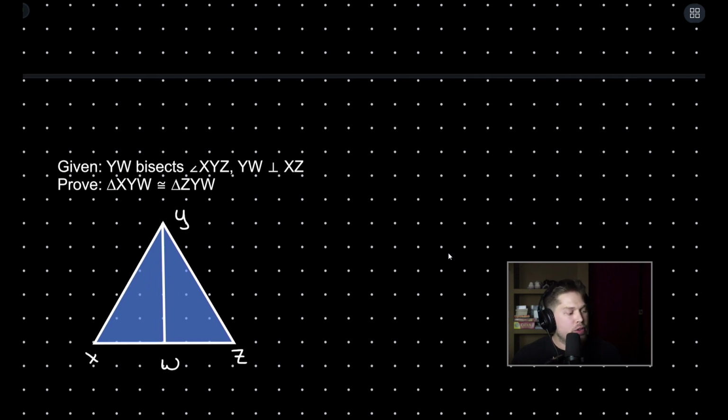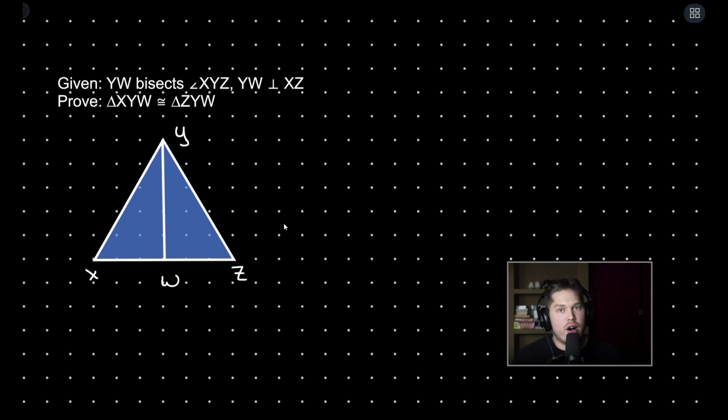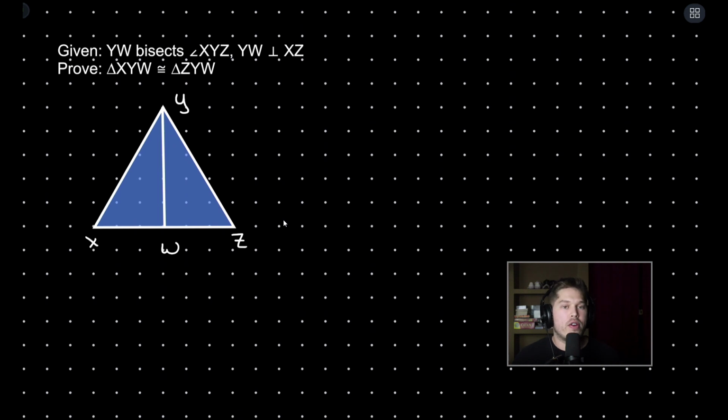So this first proof is given that YW bisects angle XYZ and YW is perpendicular to XZ, prove that the two triangles are congruent. Okay, so before I even begin this proof, I want us to talk a little bit how we can structure our proof so that proofs aren't so daunting.